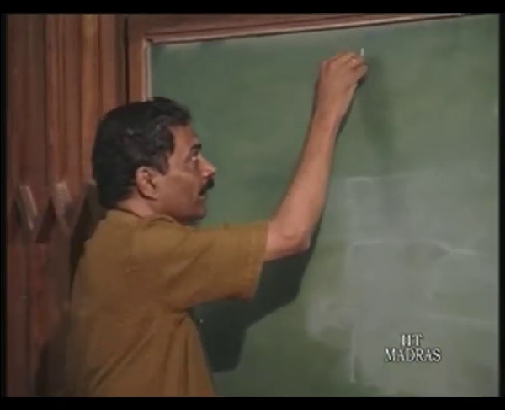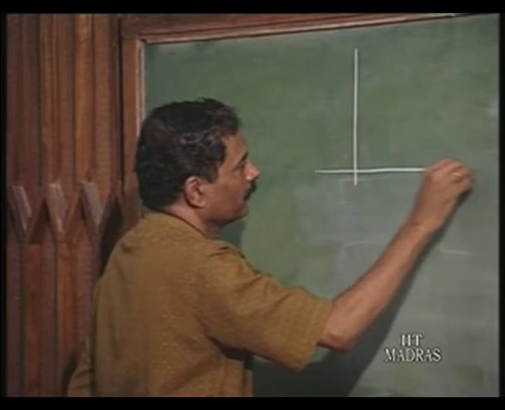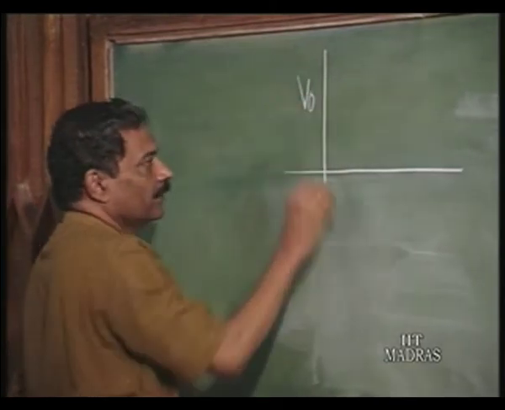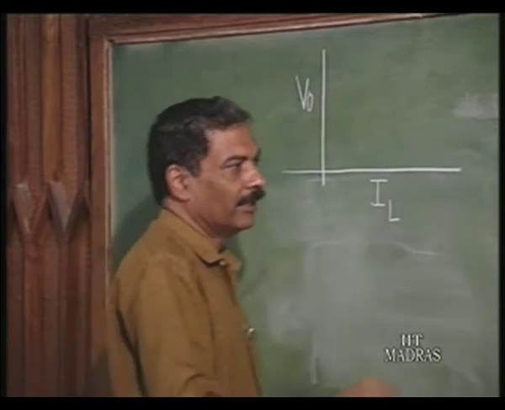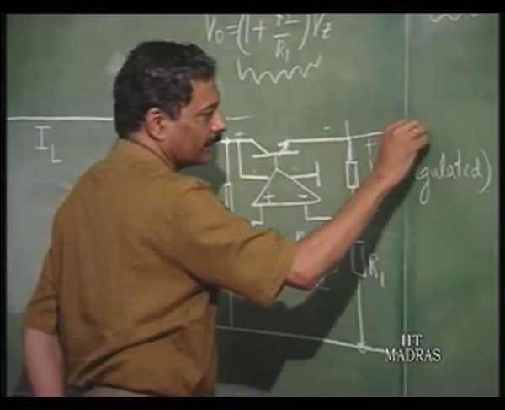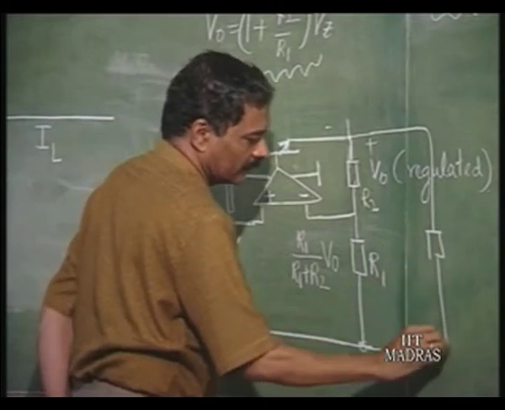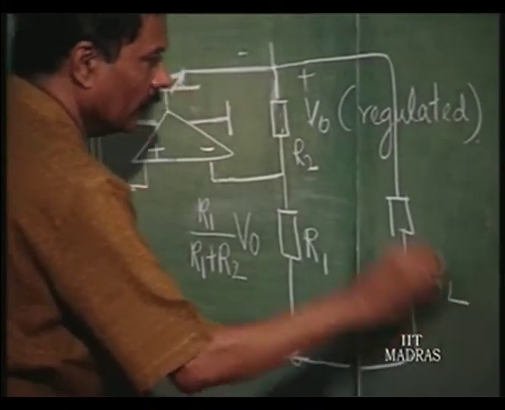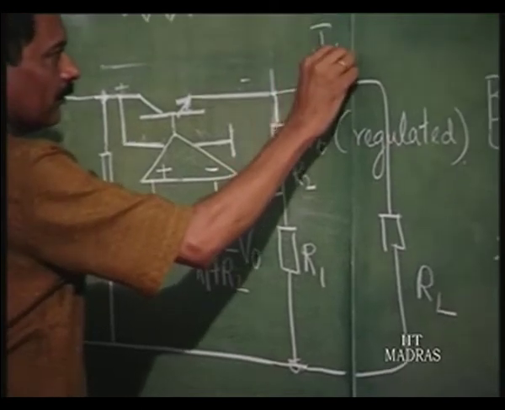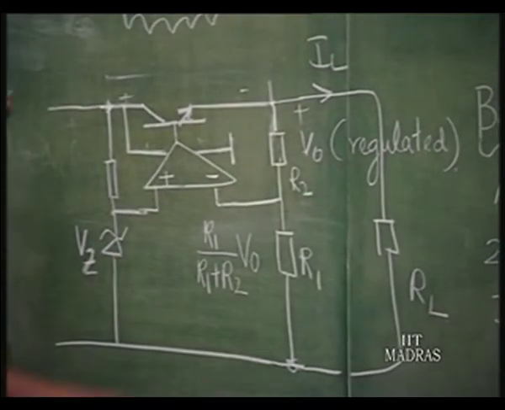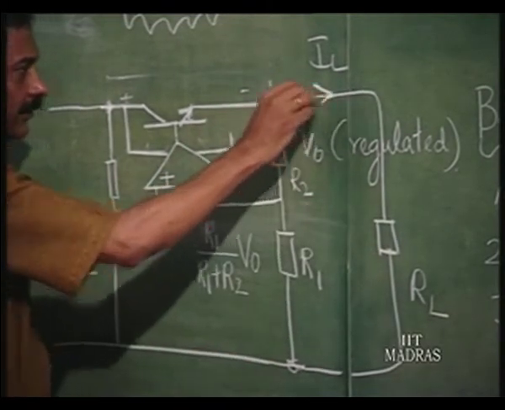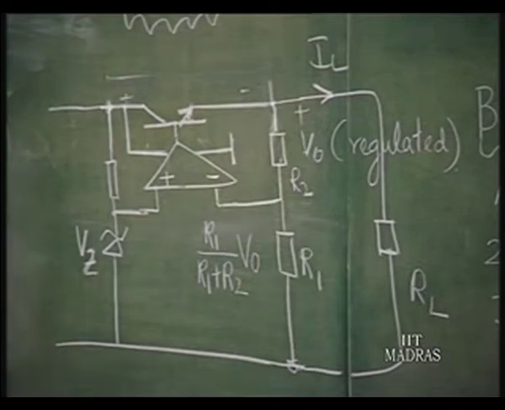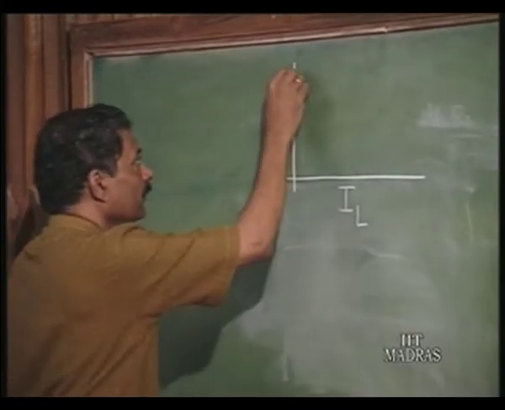If I plot V naught of this as a function of I L, I L is the load that I am going to connect across this. This is the load. This may be a radio receiver or a television receiver or something, which needs the regulated supply. So, that is the load. If I plot V naught versus I L, this should be constant.